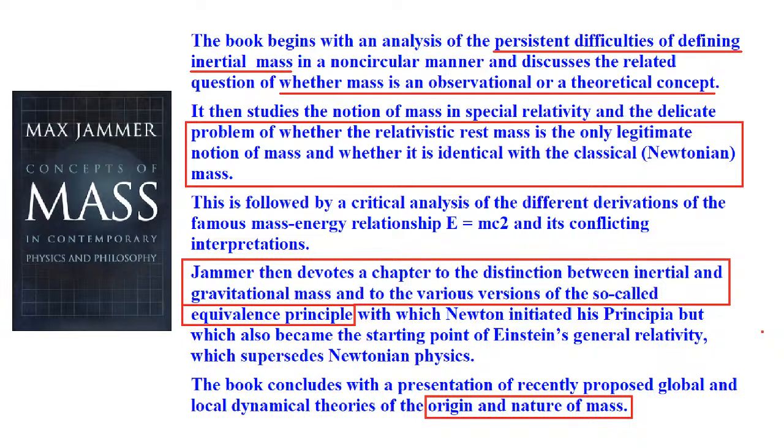If he doesn't know what mass is, much less is he going to know what the difference is between inertial and gravitational. Then he moves on to try to figure out the equivalence principle that Einstein allegedly discovered, that gravitational mass is equal or very close to equal to inertial mass. Yeah, they're exactly the same, but these people go out and do measurements instead of thinking.